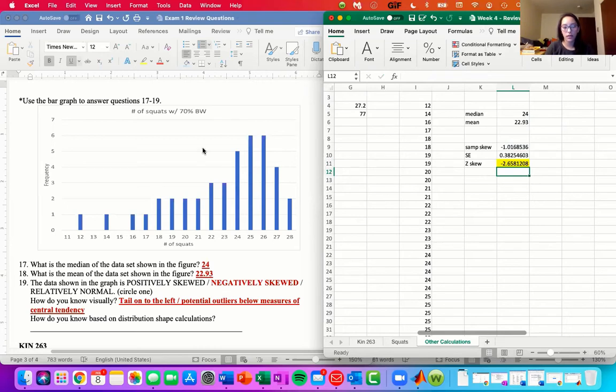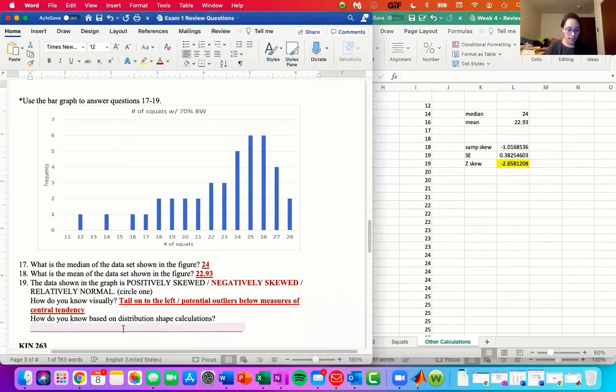Based on our calculation, this is kind of the law in terms of what the shape of our sample is, if we were comparing it to a population. So do we indeed have negative skewness, both visually and based on calculations? Yes, we do, because this is outside of the acceptable bounds of plus or minus 2 z-scores from the population mean. So how do we say that based on distribution calculations?